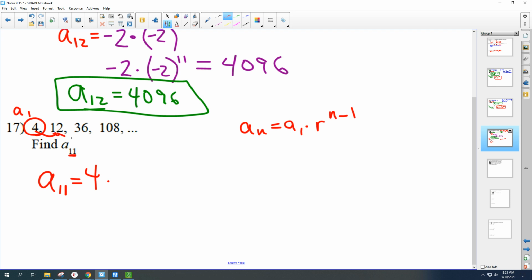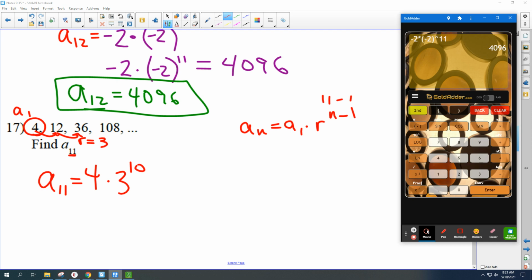R value looks to be 3. And since we're finding the 11th term, 11 minus 1 is 10. That's your exponent. Now, I don't need my 3 inside parentheses here because I don't have to deal with the negative, but you can put them in parentheses if you want. 4 times 3 to the 10th power, 236,196.